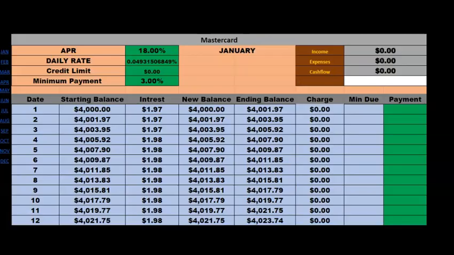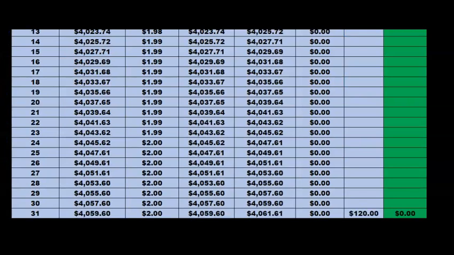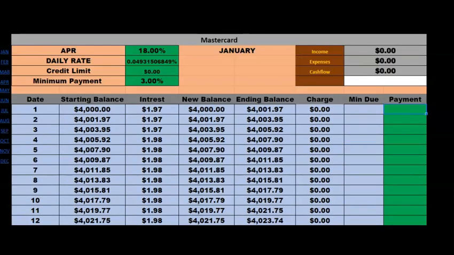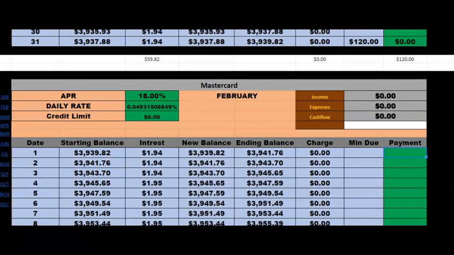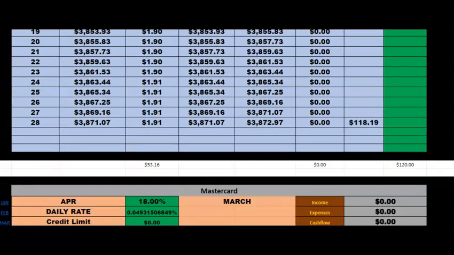interest. We have the MasterCard, $4,000 starting balance at an 18% interest rate, and our minimum payment is $120 a month. So we'll make the $120 a month payment every month down to June.